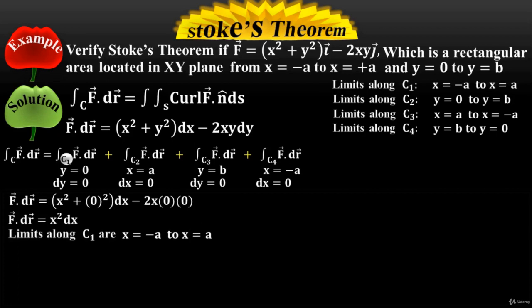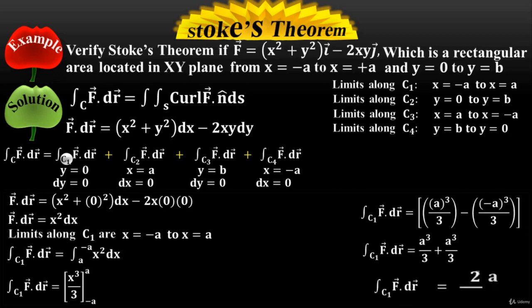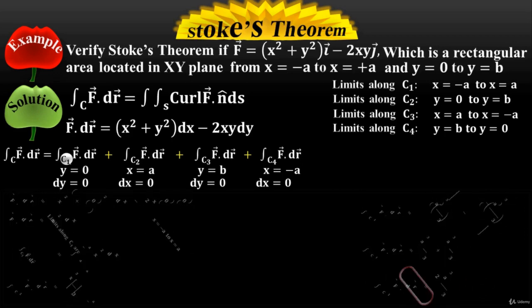Take integration on both sides, where the integration of vector F dot dr is the integration along C1, and take the integration of x squared dx with limits x equals minus a to x equals a. There is a minor mistake: the range starts from minus a to a, not from a to minus a. Integration of x squared with respect to x is x cubed over 3. Put in the limits, so finally I got 2a cubed over 3. Just put 2a cubed over 3 under C1 here.